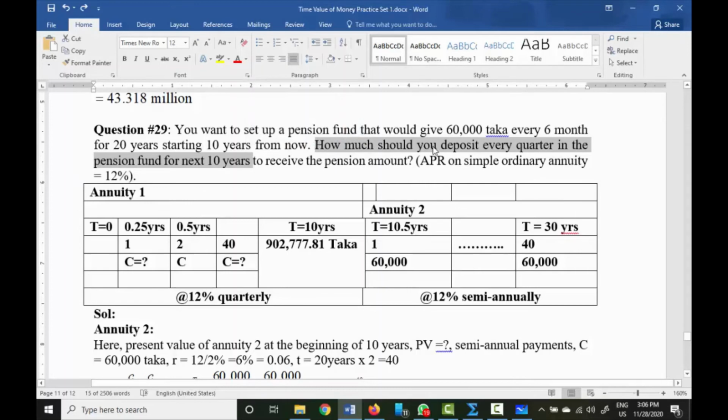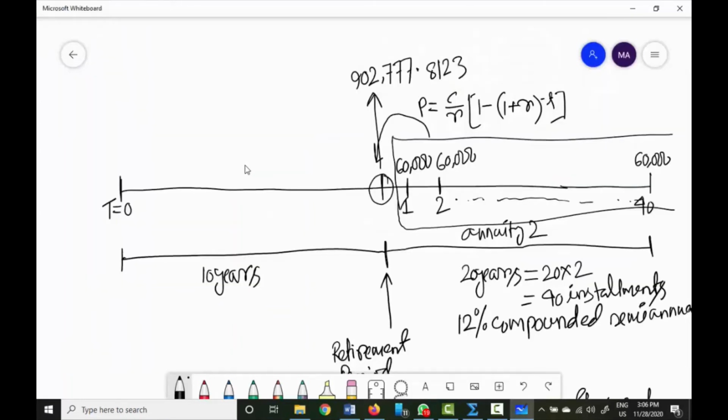That means the question is asking how much you should save at the end of every quarter for the next 10 years.